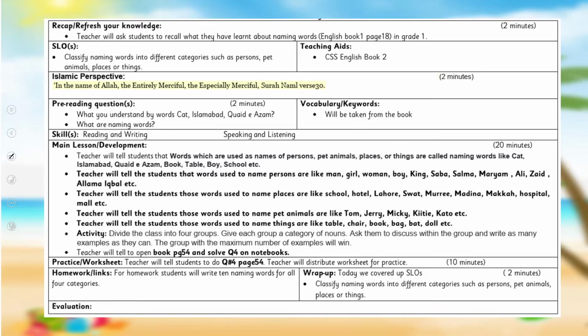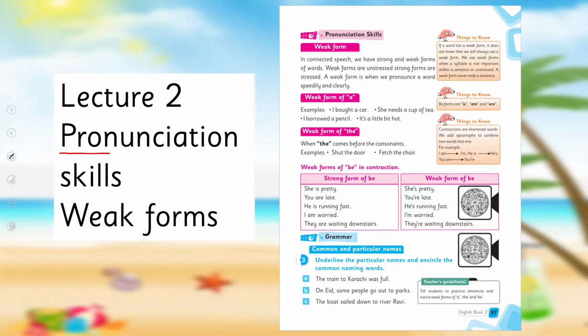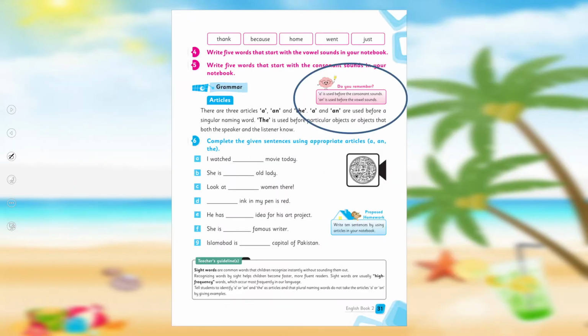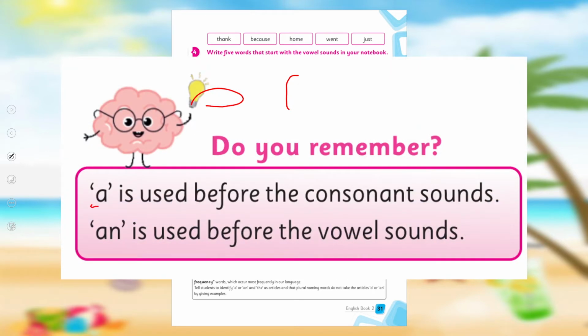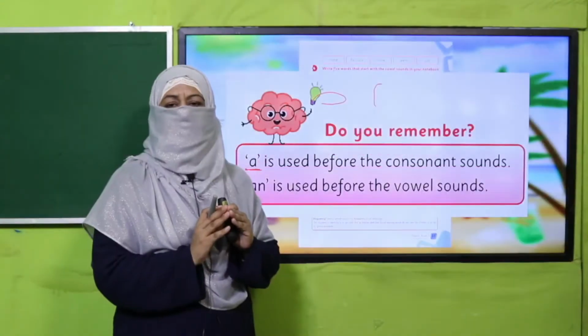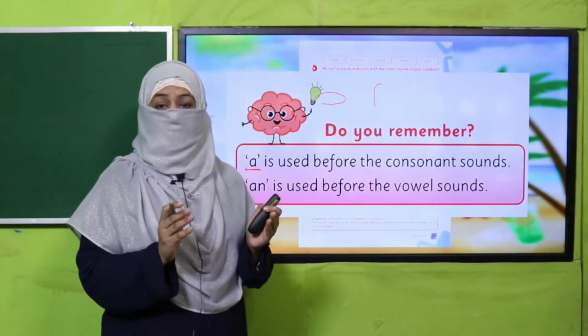Yes, my dear students, today under the title of pronunciation skills, we are going to learn about weak forms. Before this, I have taught you about article and its different pronunciation. We have read this letter as A, but sometimes we say it as A. So there can be different pronunciation for different words.